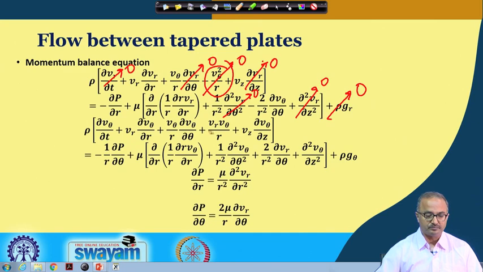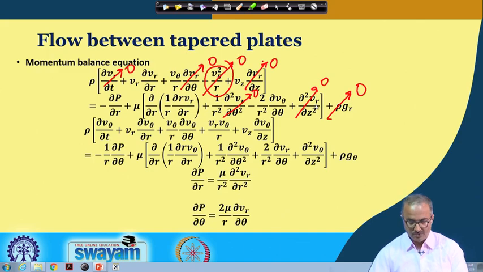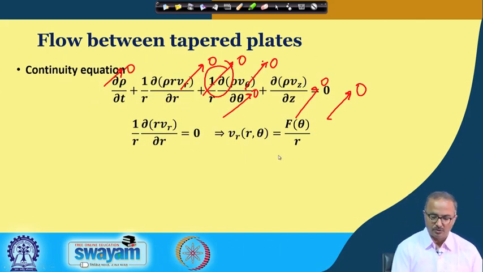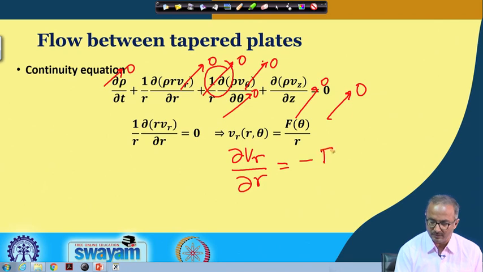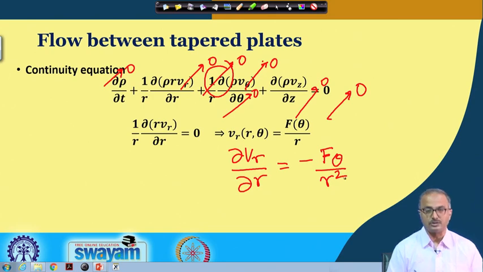We are left with this particular term, dou Vr by dou r, then dou P by dou r, and this mu term. Now you can see that this dou Vr by dou r, if you go to the continuity equation, is something like minus f theta by r square.